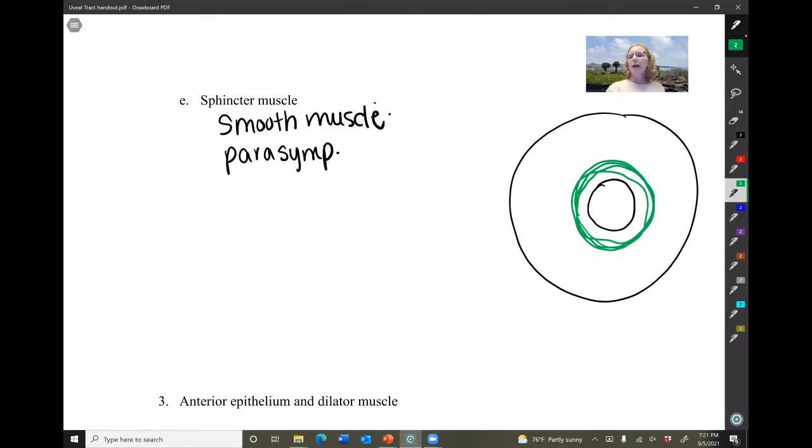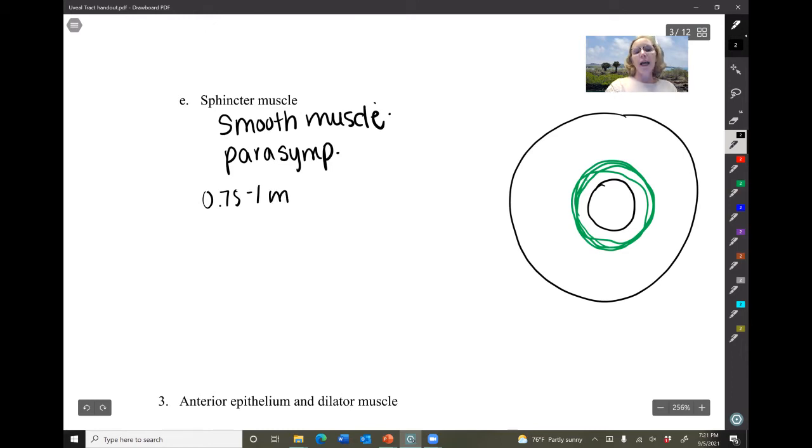Generally, the sphincter is about 0.75 to 1 millimeter wide. And you should be able to figure out what zone of the iris the sphincter is located in, either the pupillary or the ciliary zone.